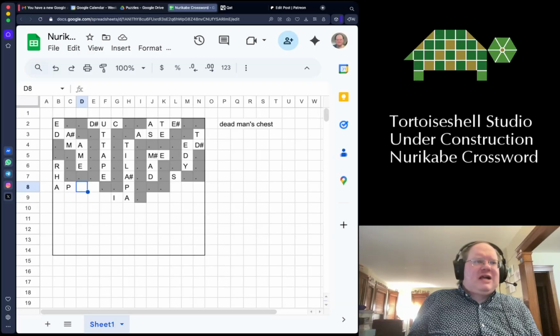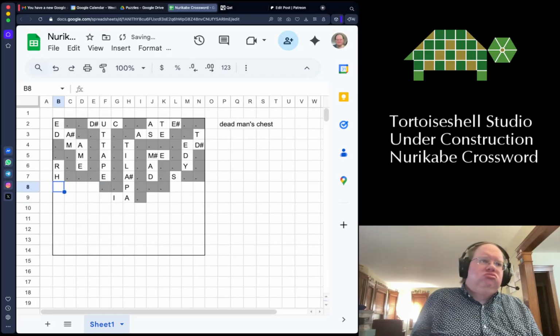I was going to say Rhapsody would let me put in like Apple, but I need one of these two letters, one of these two spaces to have a letter. Could have Rhine or Rhino.